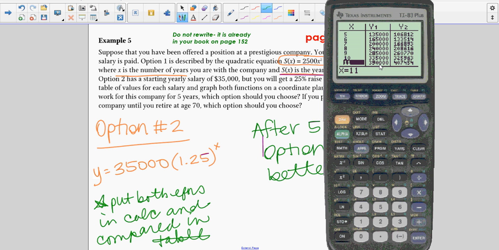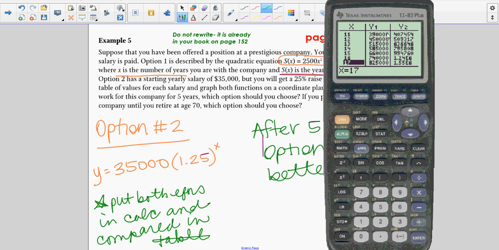So option 1, all of a sudden you're not making as much money, which makes sense because option number 2 is exponential. So if you look at that point, after 11 years, option number 2 is going to be your better option. Now remember, when you get into these E's, that's times 10 to this. So now we're in the millions at this point, okay?